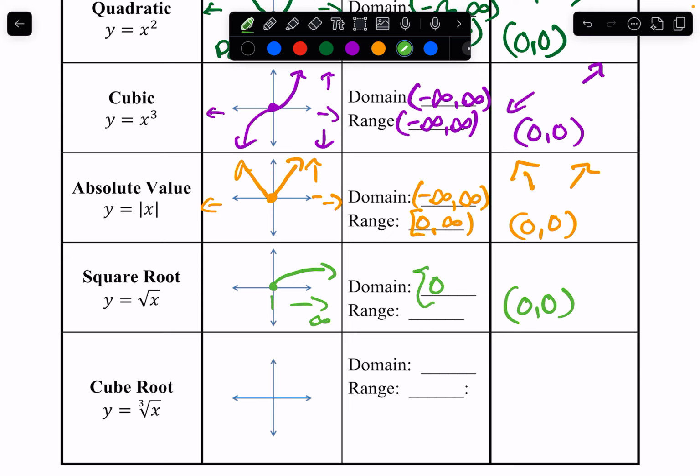So our domain is 0 to infinity. Again, the 0 is in a bracket and infinity is in parentheses. Same thing for the range. It starts from 0 and goes up to infinity. End behavior is going up to the right only.